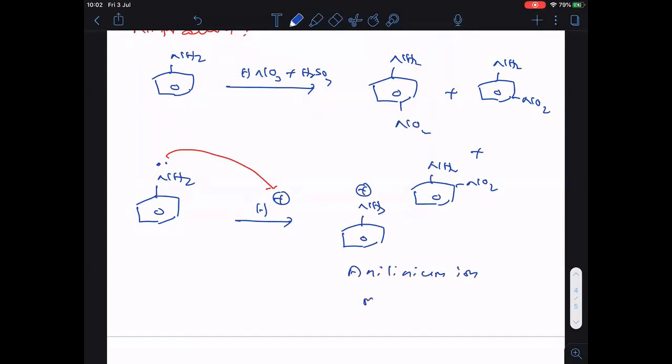This anilinium ion is a meta director. So because of this anilinium ion, which is a meta director, that is the reason why we are getting the meta product.